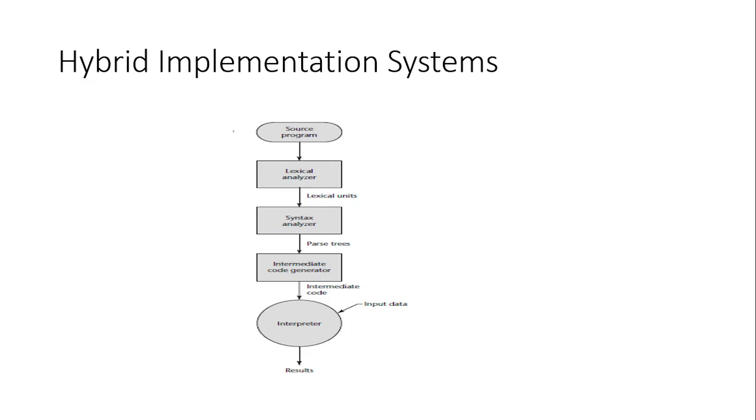There are now systems that translate Java bytecode into machine code for faster execution. We also have the just-in-time, or JIT, implementation system, which initially translates programs to an intermediate language. Then during execution, it compiles intermediate language methods into machine code when they are called.